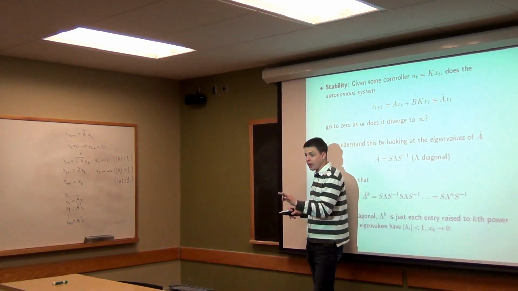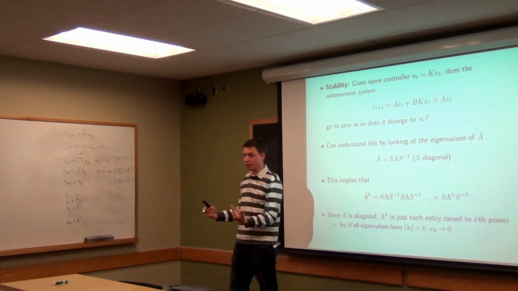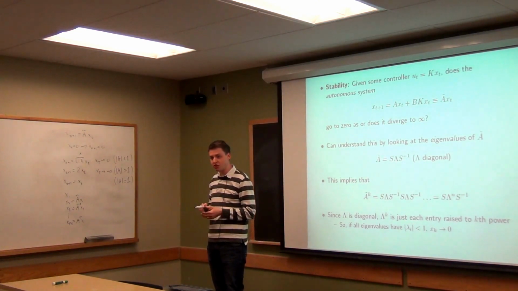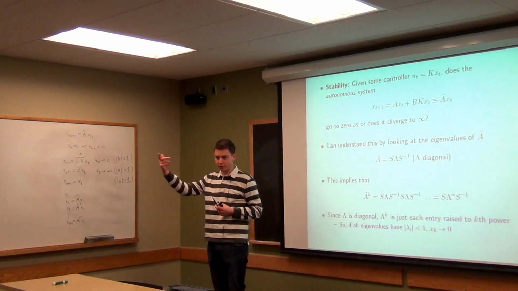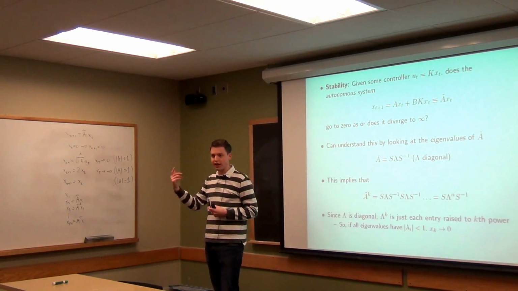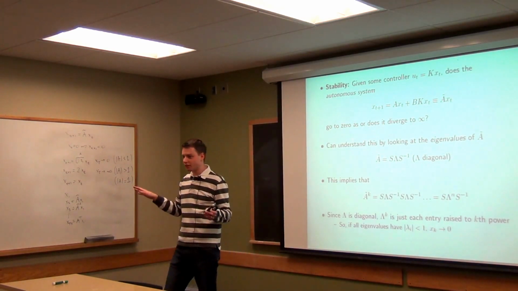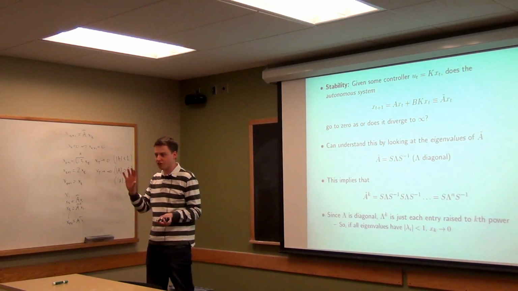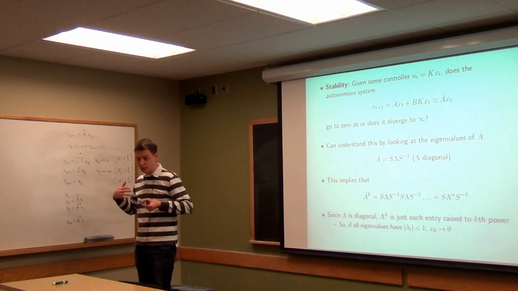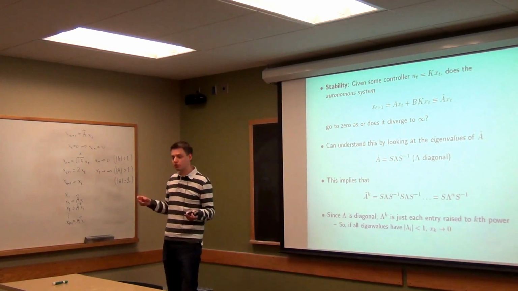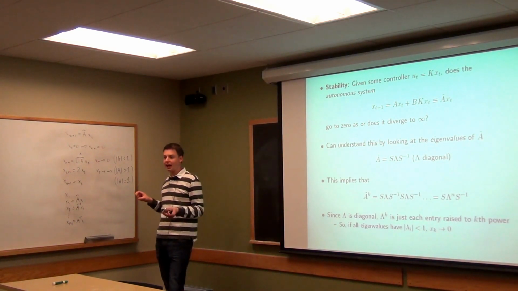Now, a diagonal matrix, when you take that to a power, it's actually quite easy because you can just take the individual entries of that matrix and raise them to a power. You can just try this out if you want. Because diagonal matrices only scale the individual rows and columns, if you take a diagonal matrix to some power, that's just equal to each of the individual elements on the diagonal raised to that power.